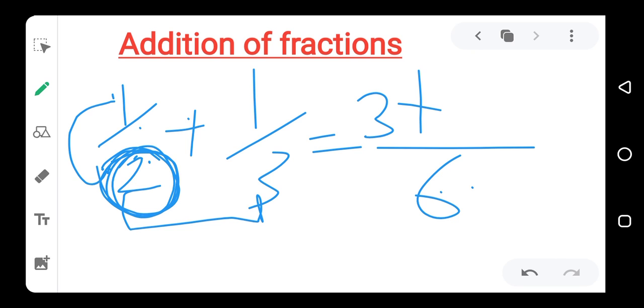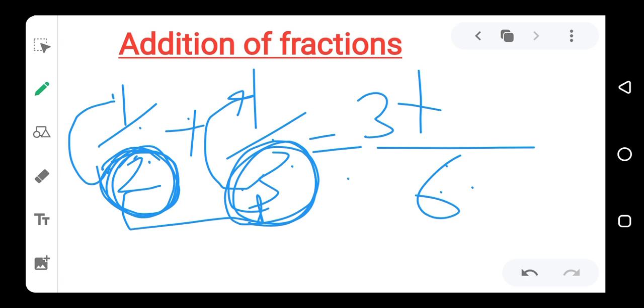Now we use the same 6, which is the LCM. We divide the 6, which is the LCM, by this denominator here in the second part. 6 divided by 3 will give us 2. Then the 2 that we get, we multiply by the numerator of this one, which is 1. So 2 times 1 is 2.